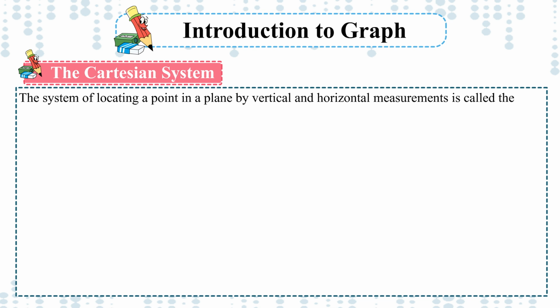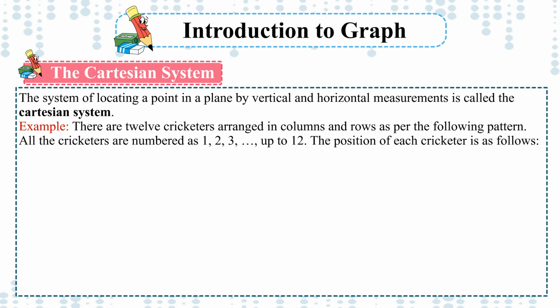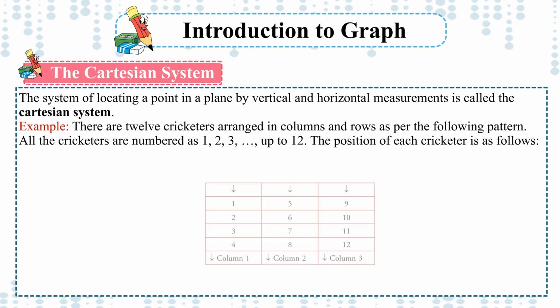The Cartesian system. The system of locating a point in a plane by vertical and horizontal measurements is called the Cartesian system. Example: there are 12 cricketers arranged in columns and rows as per the following pattern. All the cricketers are numbered as 1, 2, 3, up to 12. The position of each cricketer is as follows.